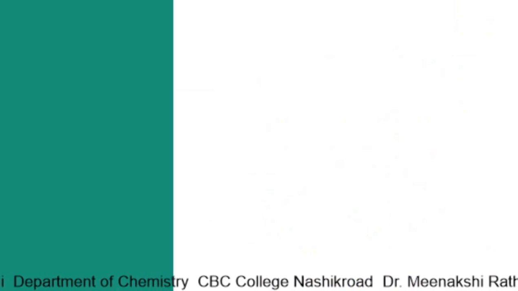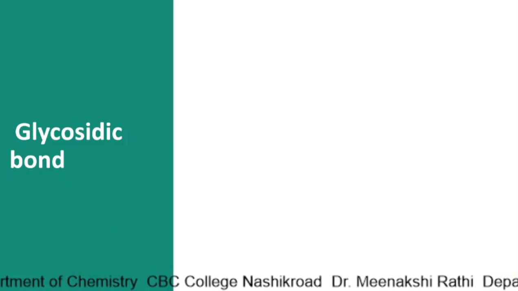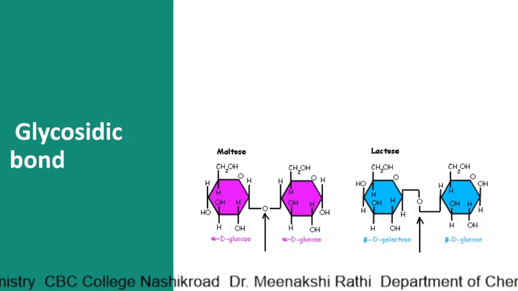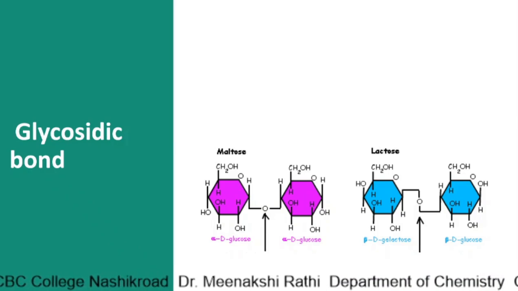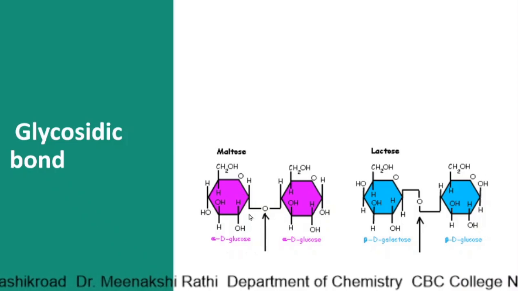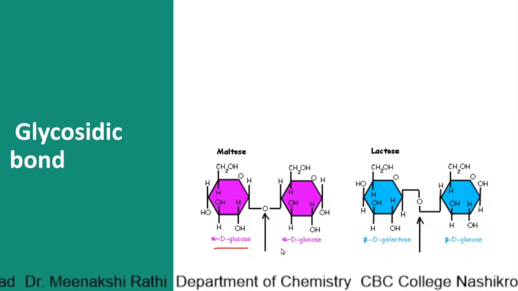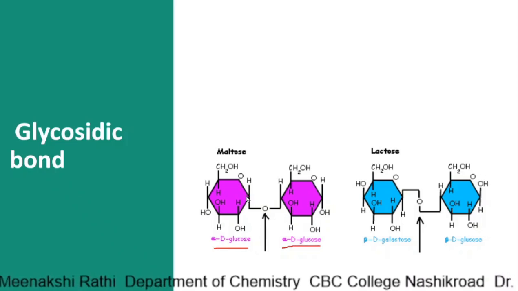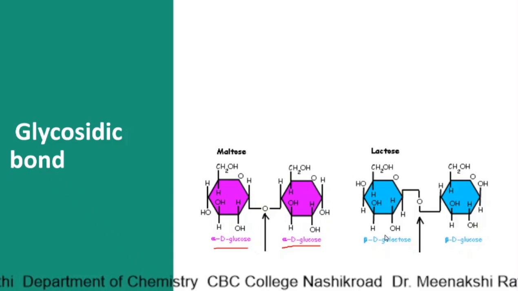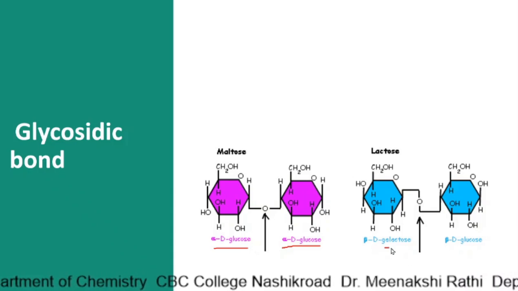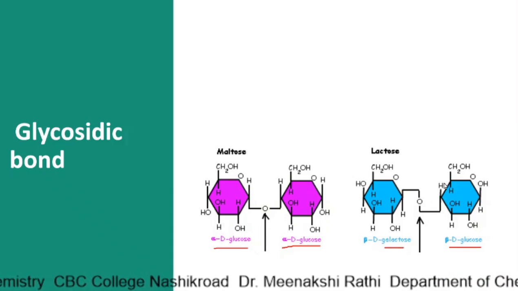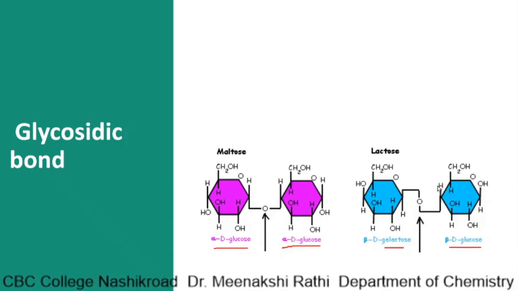The next is glycosidic bond. Now here we have already discussed glycosidic bond in the structure of maltose, lactose, sucrose in carbohydrates. Here in maltose, two glucose molecules are joined with each other by alpha 1,4 linkage, while in lactose one galactose molecule is attached with one glucose molecule by beta-1,4 linkage.